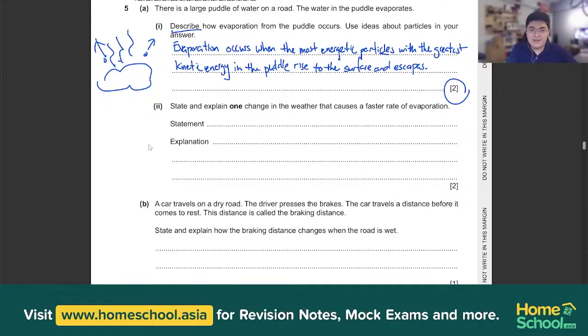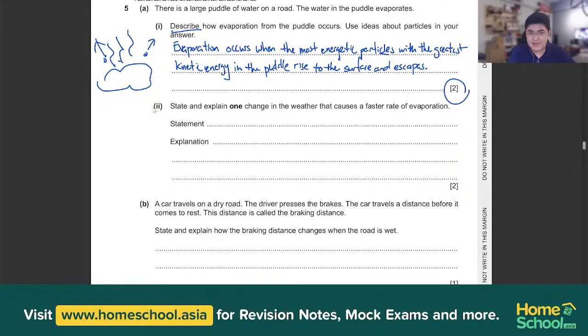State and explain one change in the weather that can cause a faster rate of evaporation. There are actually more than one way to make evaporation go faster. The first method: if the weather is hotter, if the conditions are warmer, the rate of evaporation will increase.